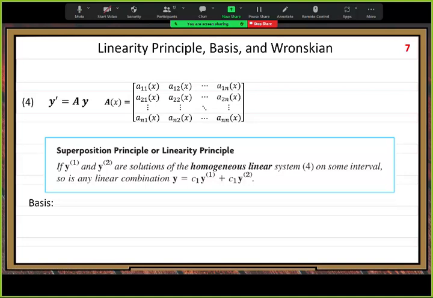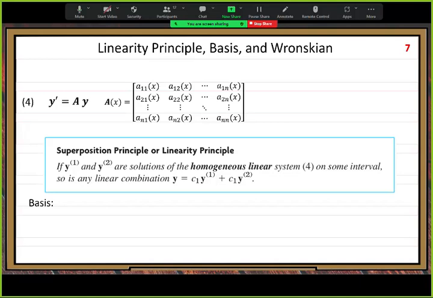That is, if y superscript 1, this notation we treat as a superscript, not a first derivative, and y superscript 2, two different vectors, not derivatives, are solutions of the homogeneous linear system on some interval, then so is any linear combination.